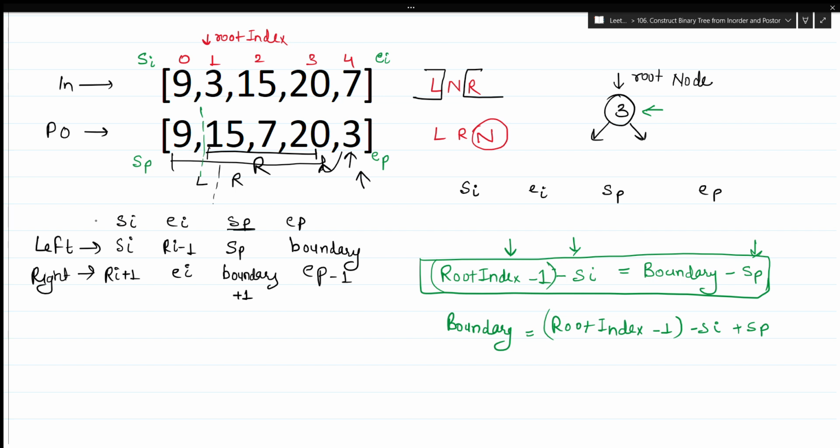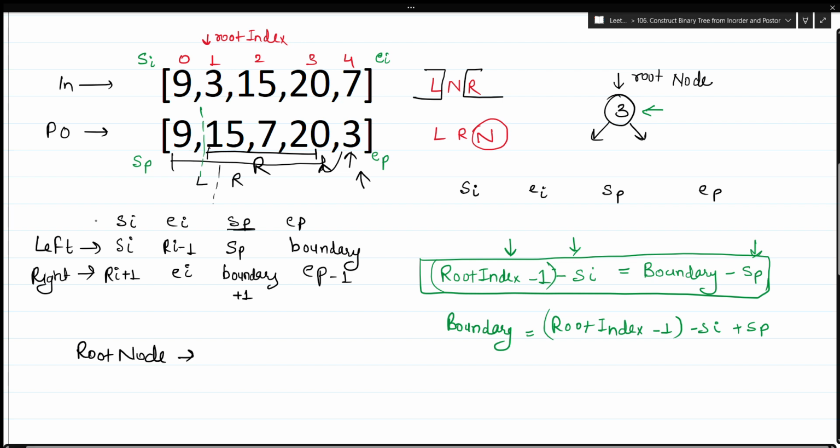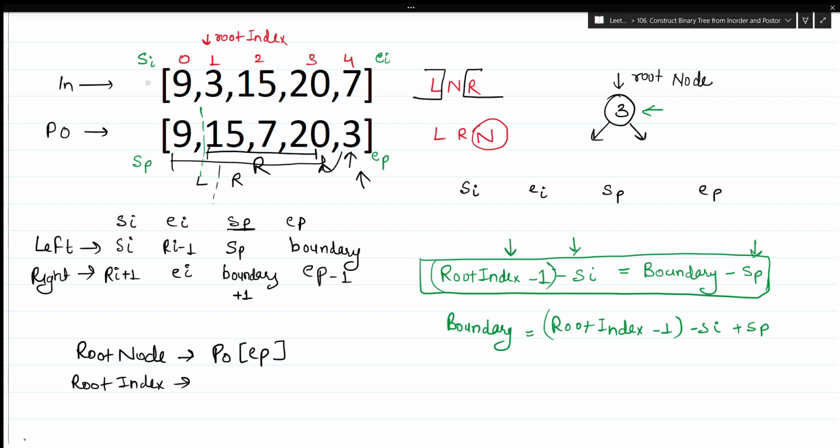Okay. And what will be my base case here? I know what my root node is in every subproblem. The root node is the post order of EP. And what is my root index? If I know the root node, I will iterate the in order and easily find the root index.